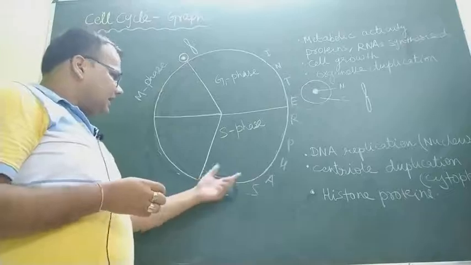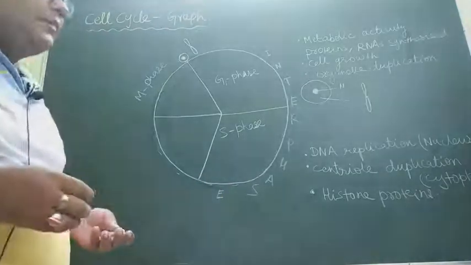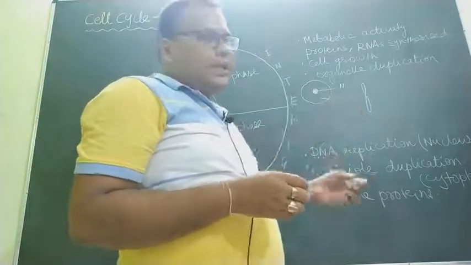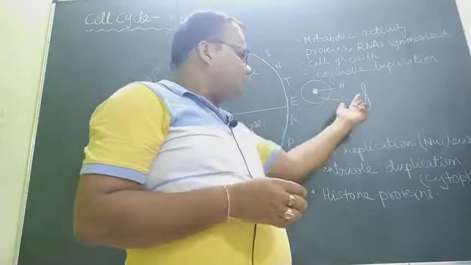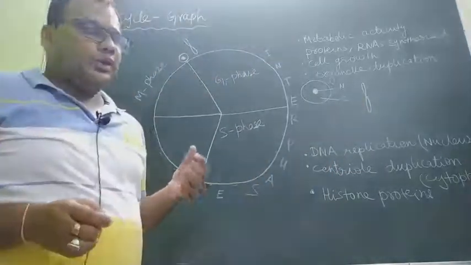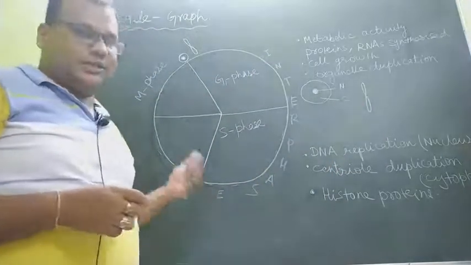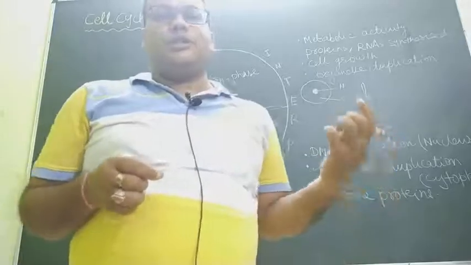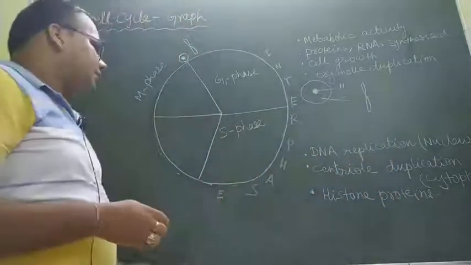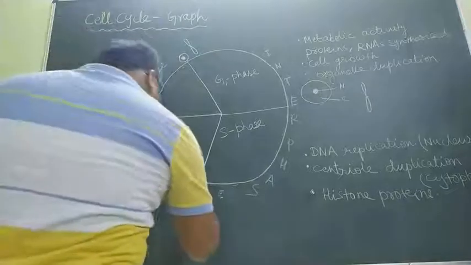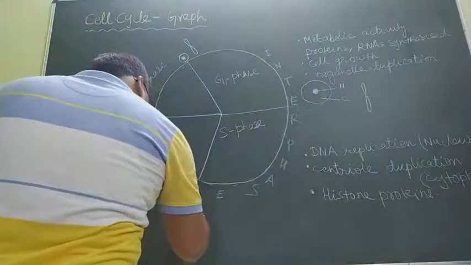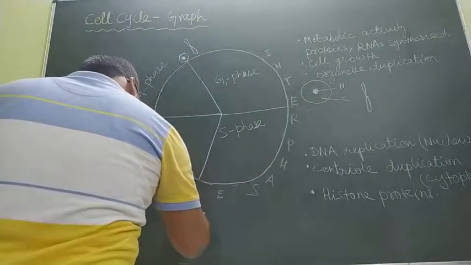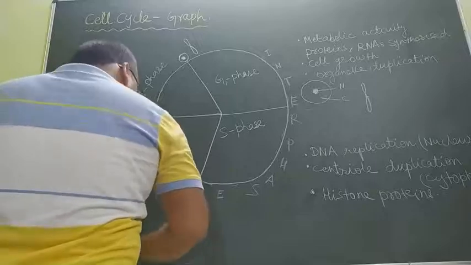But as the S phase is completed, an equal amount of DNA is also synthesized on the same chromosome. So here the chromatid shape and morphology changes and it becomes two chromatids. Suppose this is the structure of the chromosome after DNA replication.